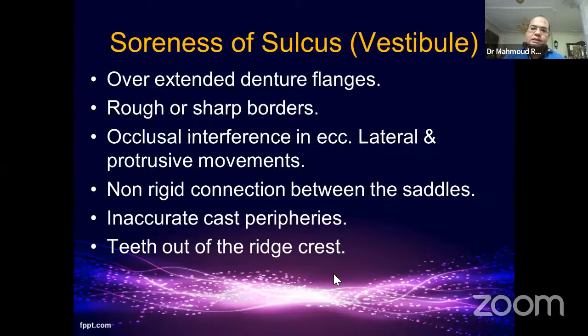Soreness of the sulcus may also happen due to overextended denture flanges, rough or sharp borders, occlusal interference in eccentric, lateral, and protrusive movements, non-rigid connections between the saddles in case of metallic dentures, inaccurate cast peripheries, and also teeth out of the ridge crest, as we said before.